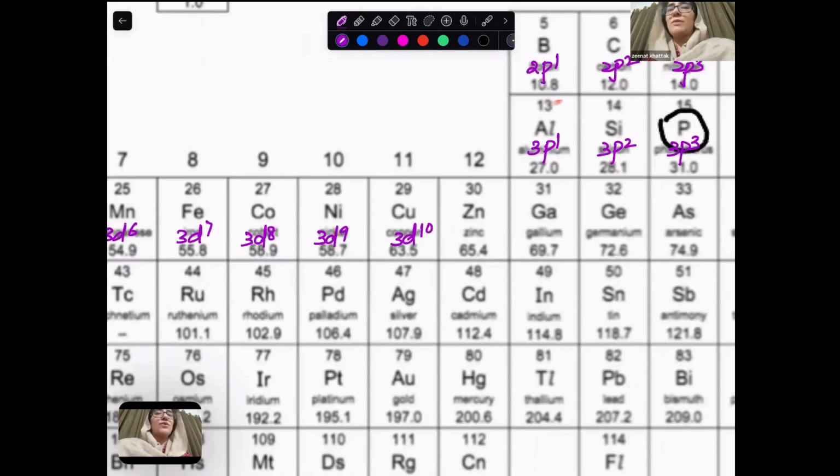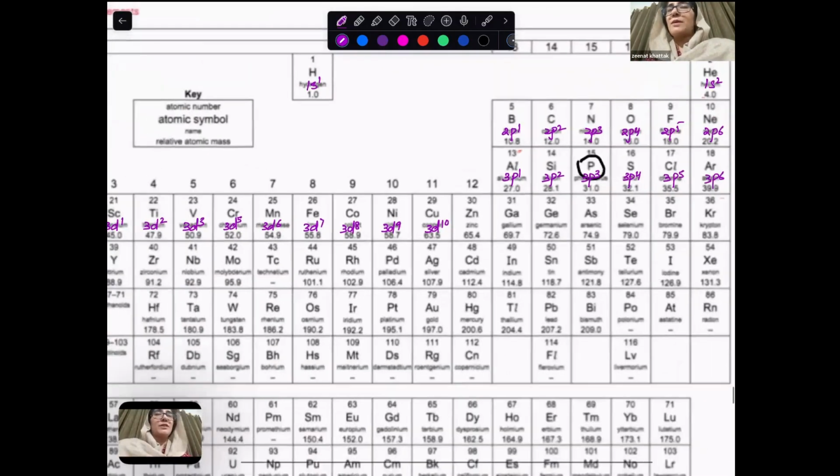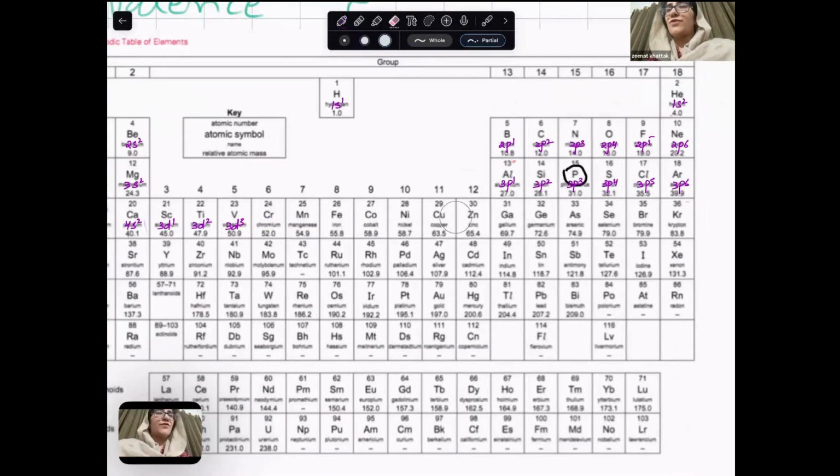Oh, no, I made a mistake. I missed the 3d4, see? 3d4, 3d5, 3d6, 3d7, 3d8, 3d9, 3d10.